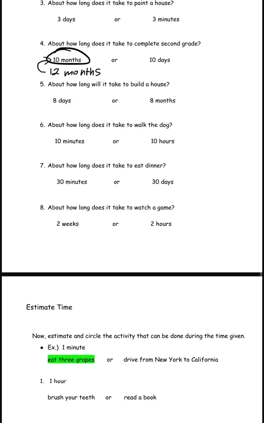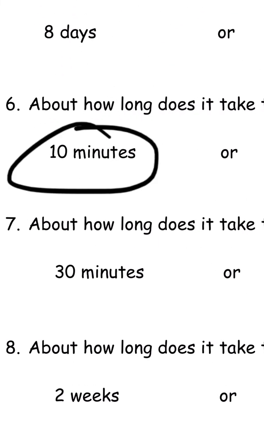So let's look at number 6 then. It says, about how long does it take to walk the dog? It says 10 minutes or 10 hours. You wouldn't really be able to walk for 10 hours, right? Because that's almost half a day too. It would be hard for you to walk a dog for half a day. So 10 minutes would be more reasonable.